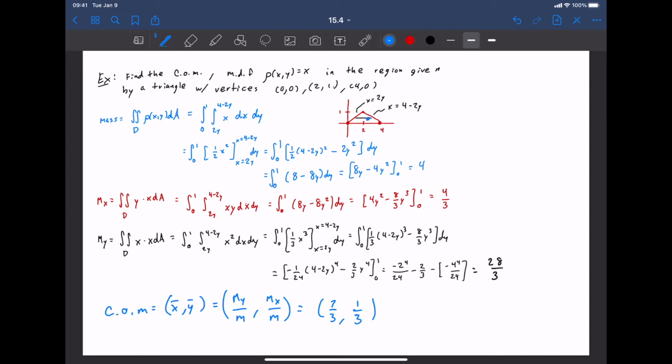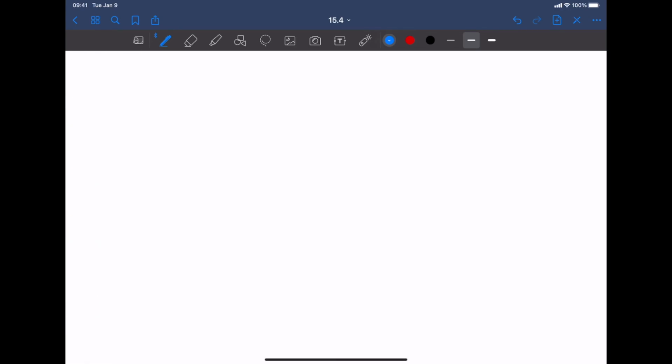One more example with a different kind of density function. Find the total charge of a plate. So again, a two-dimensional object.